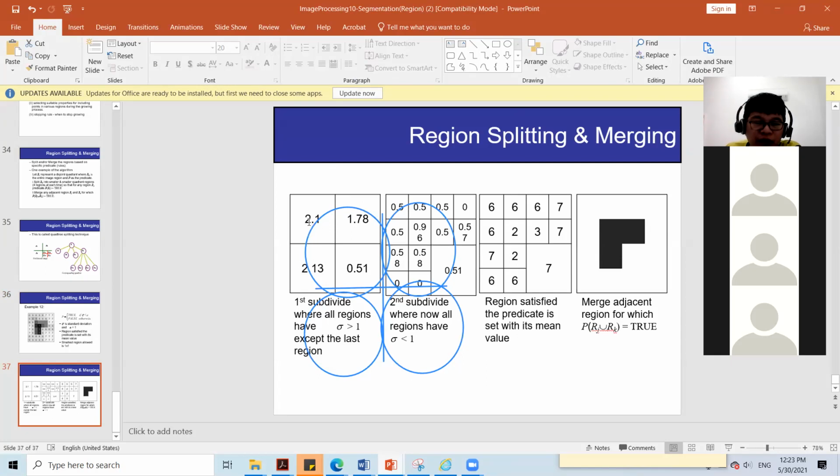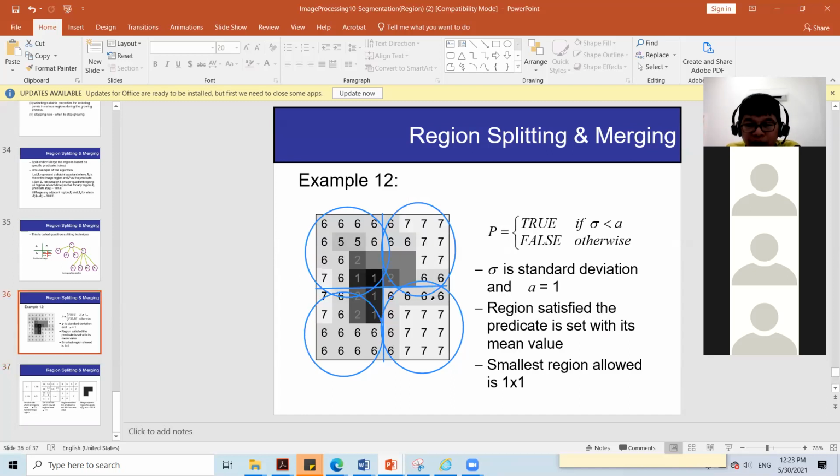Then you check against the threshold 2.1, right? You need to further divide this one also, yes. This one, yes. This one, no. That's why this one doesn't need to subdivide. If yes, then you go to the next step.